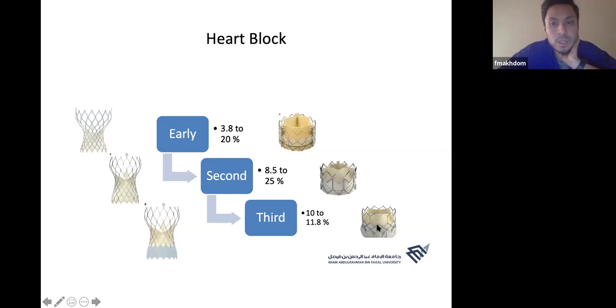This increased the interaction between the valve and the membranous septum, which led to increased incidence of heart block or pacemaker dependency. You see here it is 3.8% in PARTNER 1, up to 10%, I think, published in PARTNER 3.